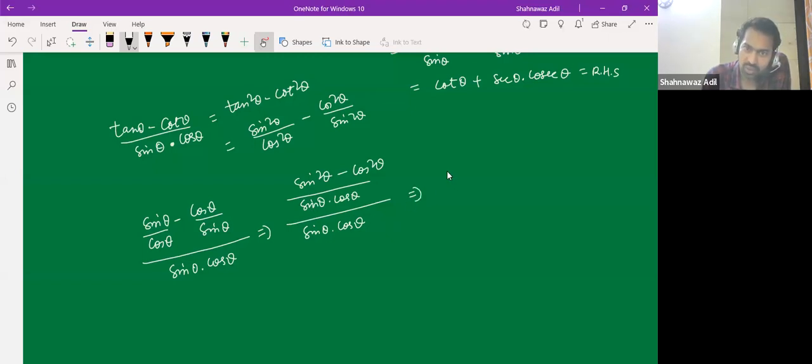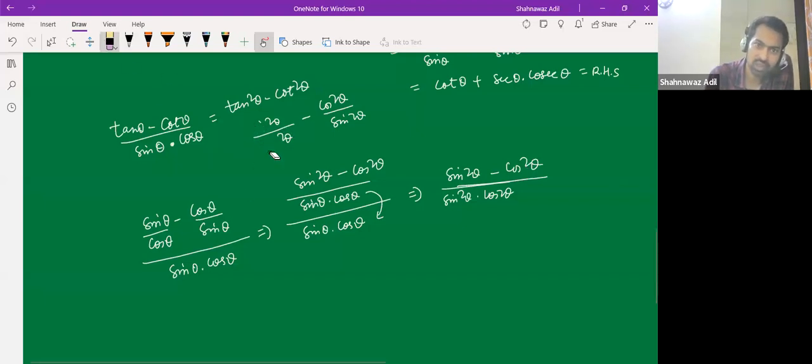So this would be equal to sine square theta minus cos square theta divided by sine square theta into cos square theta. So this goes in the denominator. Right, so there will not be a need to write it down separately.